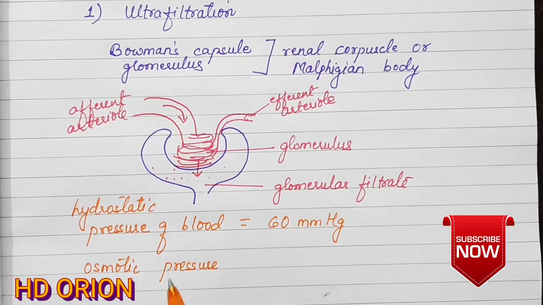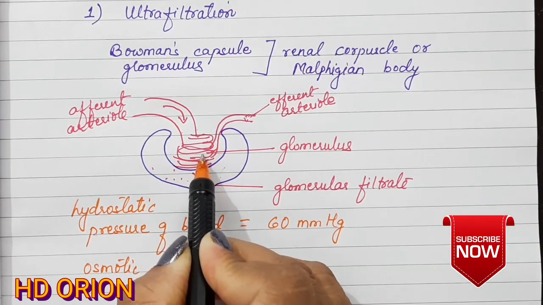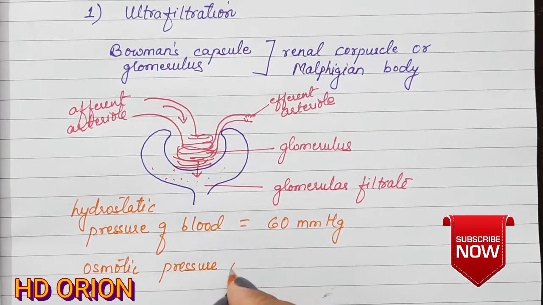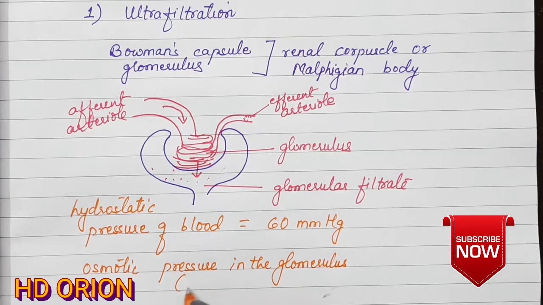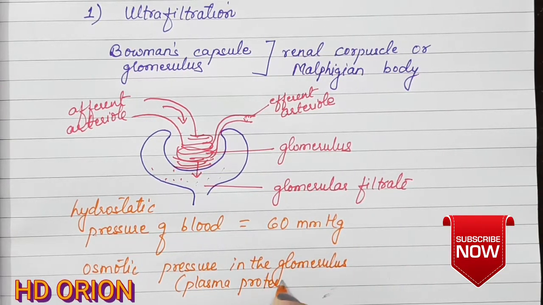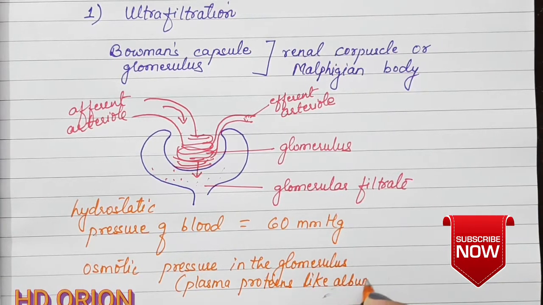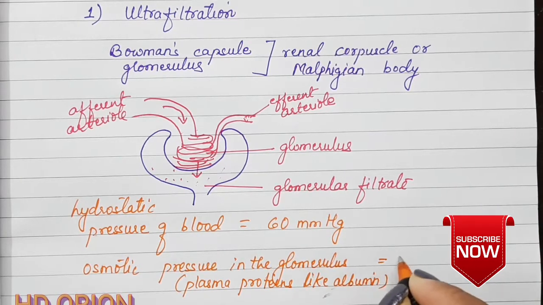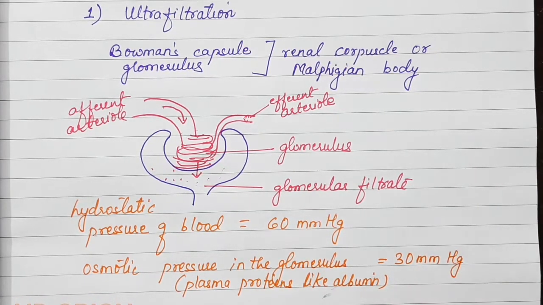has a counter effect. So the pressure I am talking about is inside the glomerulus. So the osmotic pressure in the glomerulus, basically because of the plasma proteins like albumin, is almost 30 mm of mercury, Hg.